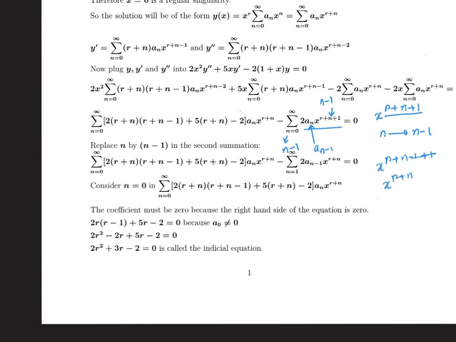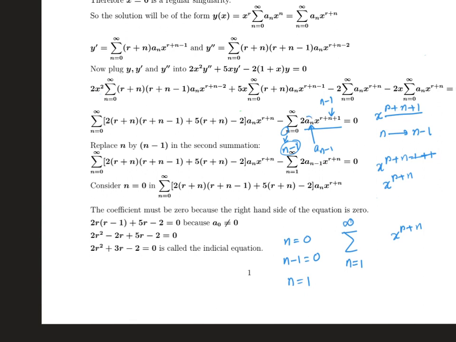Okay? So we are going to have the summation. I'm going to write the x to the power r plus n first. Now look, I'm replacing n by n minus 1, right? So instead of n starting from 0, I'm saying n minus 1 is starting from 0, which is equivalent to saying that n actually starts from 1. So n starts from 1 and goes to infinity.